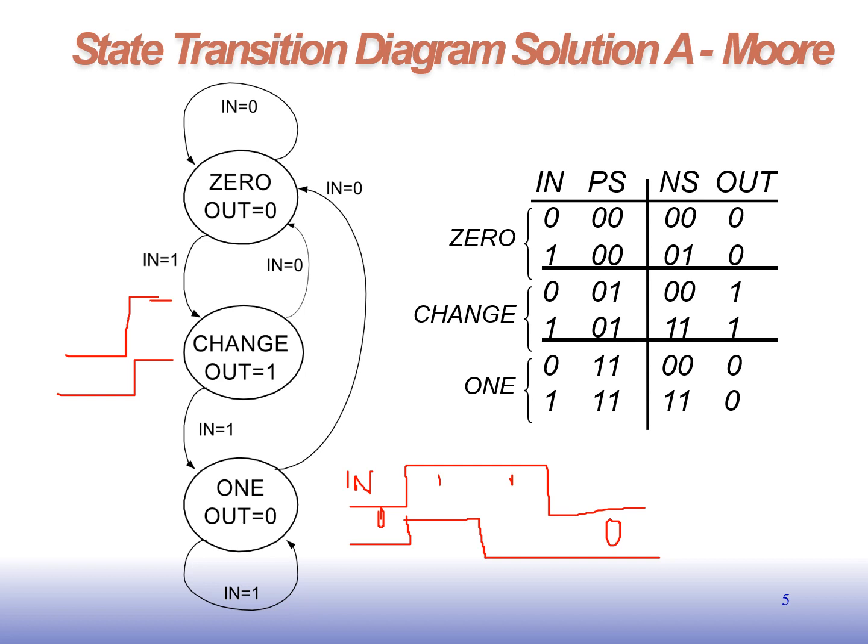Okay, if the input is 0, it will go to next state 0, 0. This is the next state for this case. Okay, if it is a 1, it will retain the same state. The output becomes 0. So the state diagram can be represented in the form of the state table.